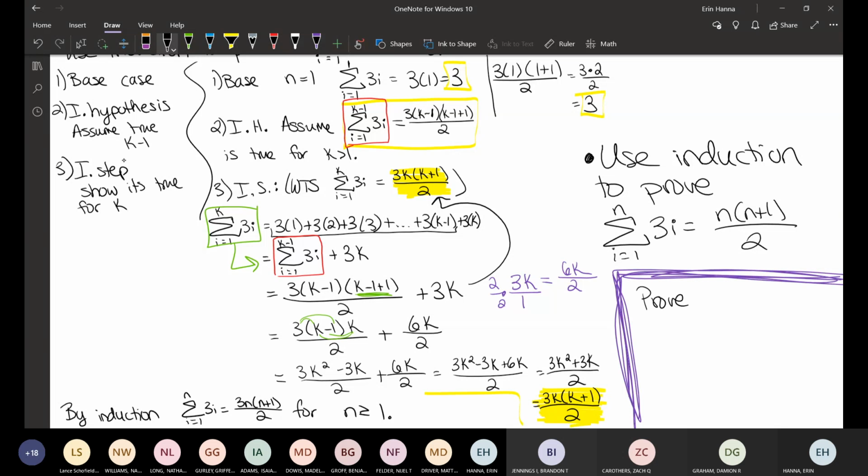We want to prove using induction. This one doesn't have fractions. Yay! The one on the quiz doesn't have fractions. Yay! Anyway, the sum from i equals 1 to n of. This one does have like the tiniest bit more algebra in general.